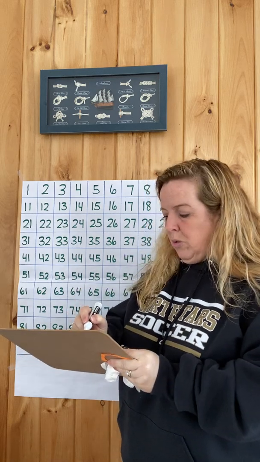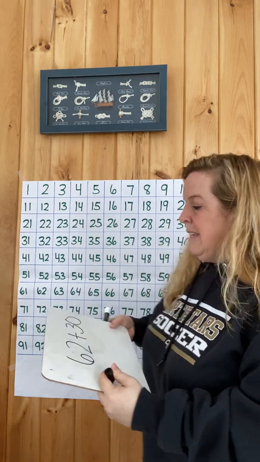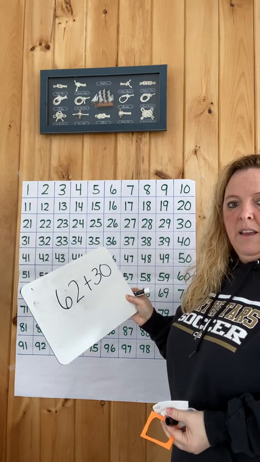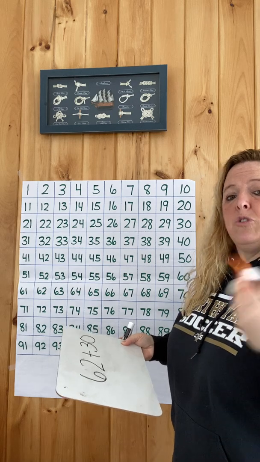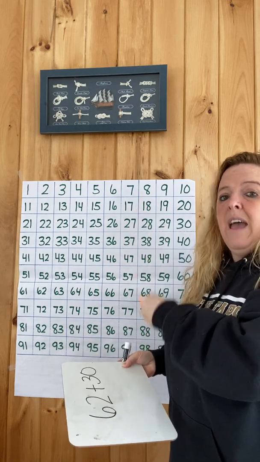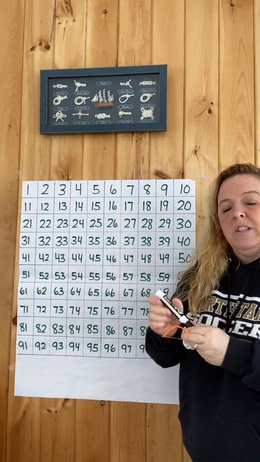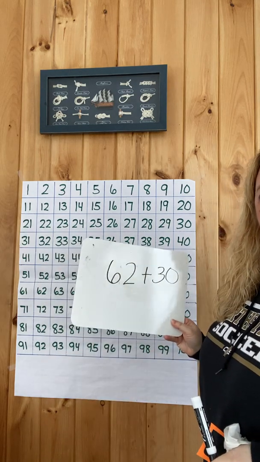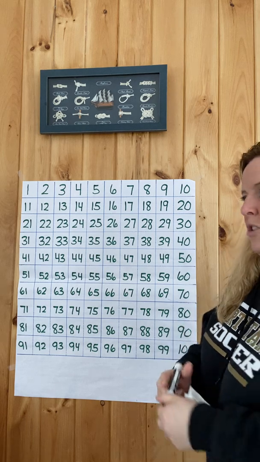So our first problem is 62 plus 30. I would like you guys to pause right now because I want you to figure it out using the chart, and then have the right answer. So it's a good time to pause the video, figure that out, 62 plus 30, and in a minute I'm going to show you and see if your answer was correct.